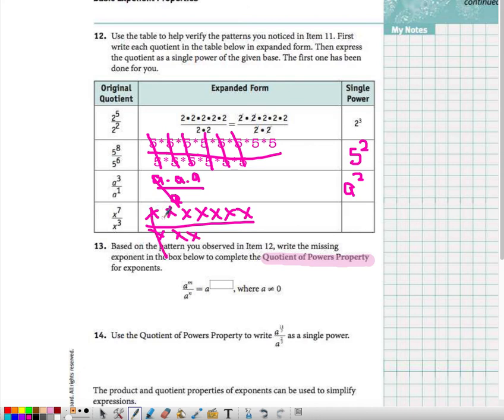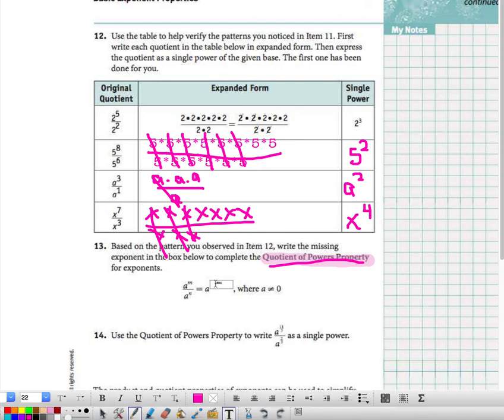So again, they divide out, because anything divided by itself is 1, and we're left with X to the 4th. So then again, that is 7 minus 3 to give us 4. This is what we call the quotient of powers, because we are dividing powers, and when we divide powers, we subtract our exponents. So this would become m minus n.